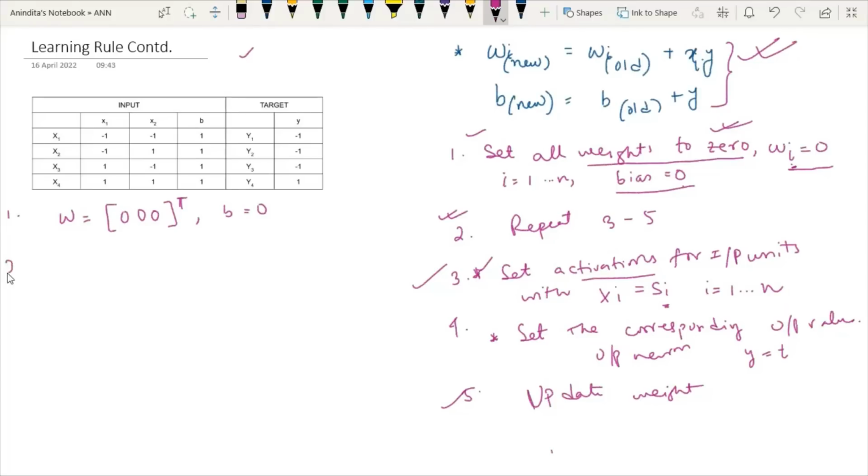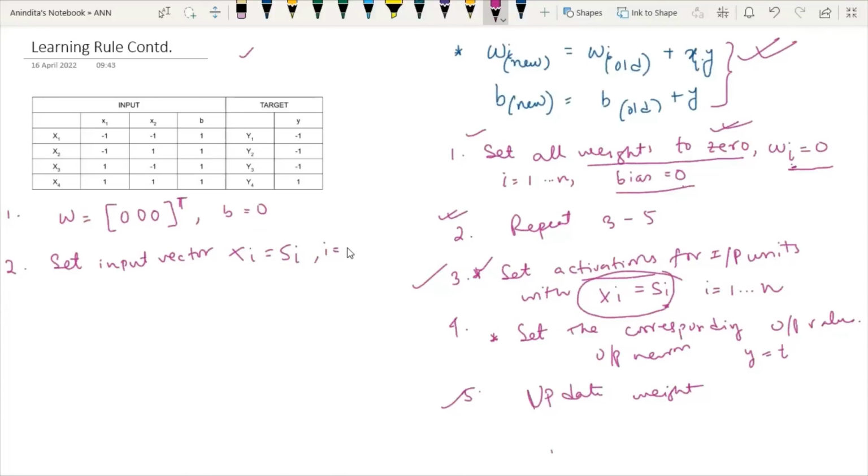Now according to step number 2, we have to set the input vectors. How to set the input vectors, because this term is not clear to us. So we have to set the input vector, meaning we have to write it like this. See, here I am using capital X, meaning I am dealing with vectors, and we know the value of i.